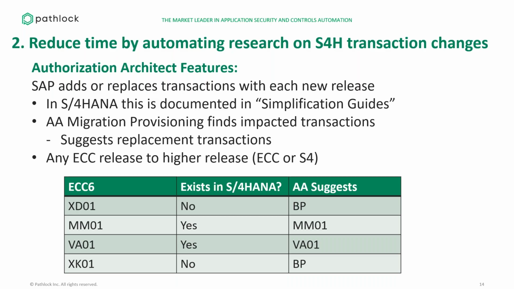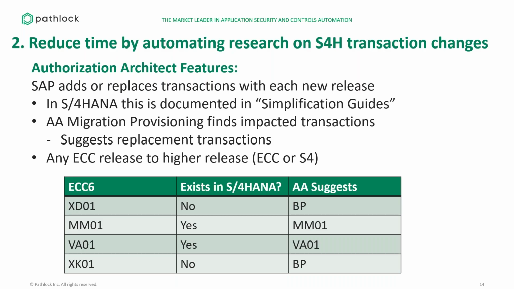SAP documents this in what they call a simplification guide, and it's over 1,000 pages long. So you've got to go in and look up by area, maybe materials management, and look up what transactions have changed. And then later on, when you're deciding what to put into roles, you've got to see if any of your transactions are on the hit list. And it's overwhelming when you first start off doing it.